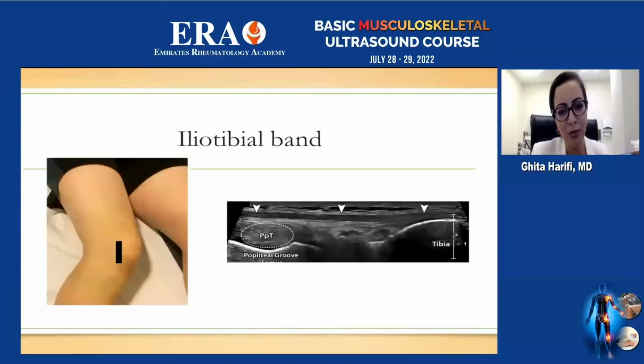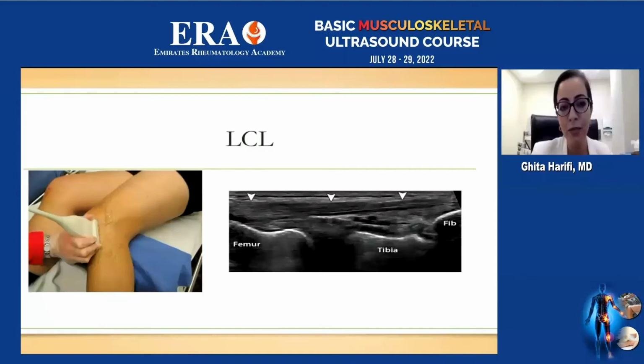Remember, the iliotibial band is the first structure that you see as you go lateral from the patellar tendon, and more posteriorly you can appreciate the LCL, especially by sweeping the distal part of the transducer towards the fibular head.